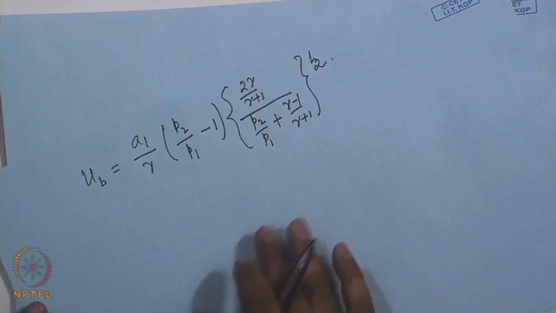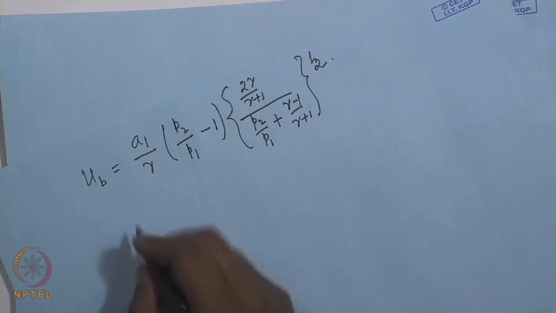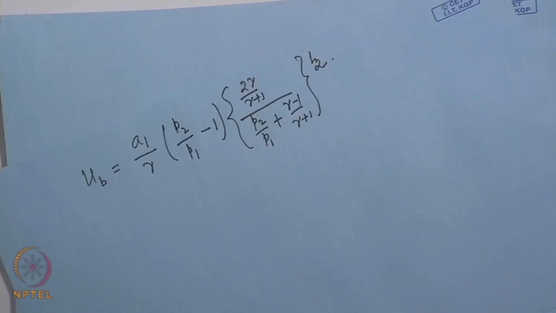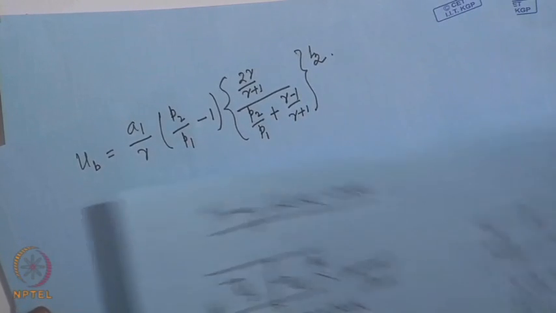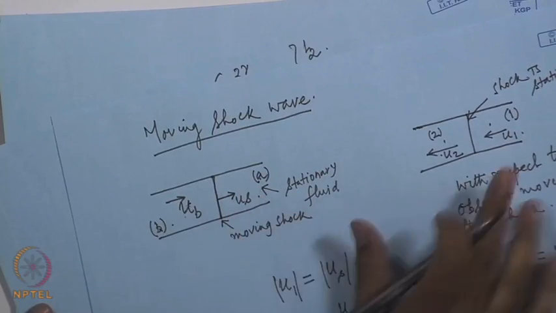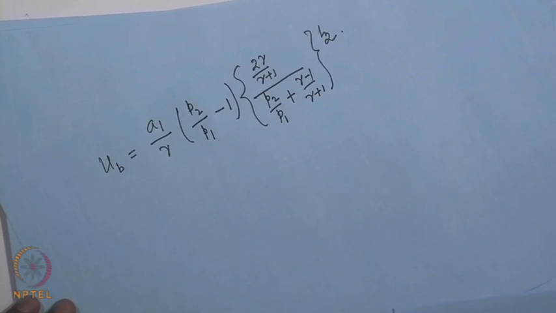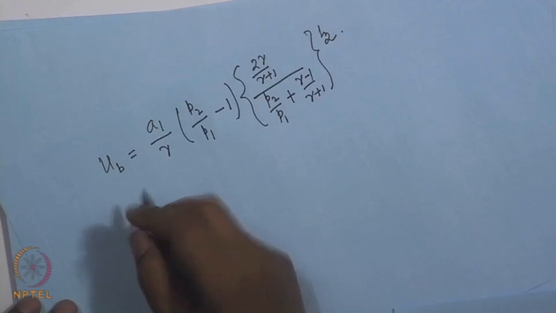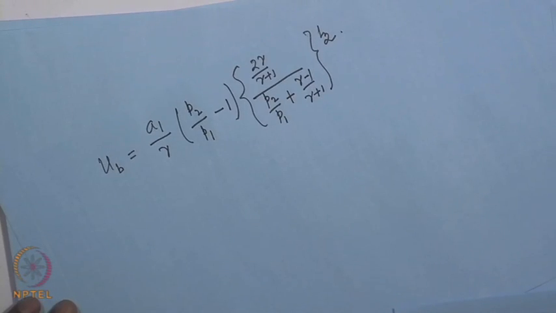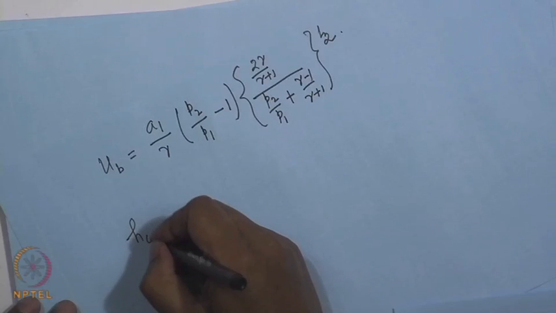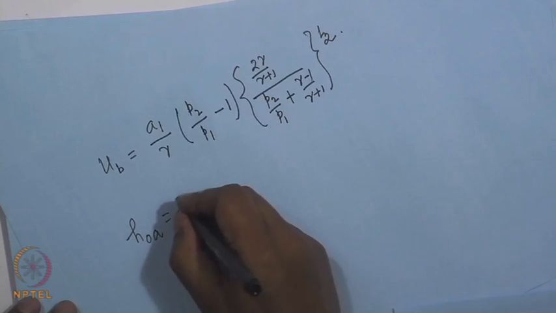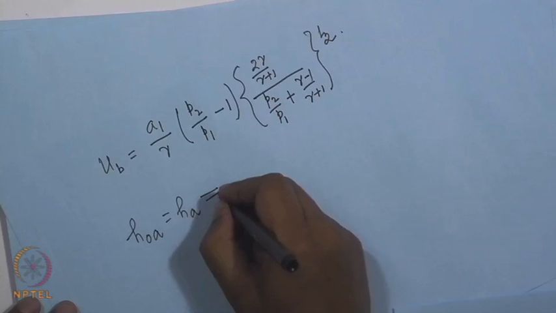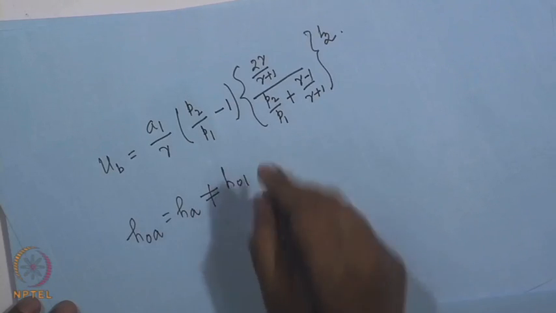It should be noted that, coming back to the configuration with regions A and B and 1 and 2, the total quantities at region A are the same as the static quantities at region A, because the fluid there is stationary, that is H 0 A is the same as H A. However, this is not the same as H 0 1.